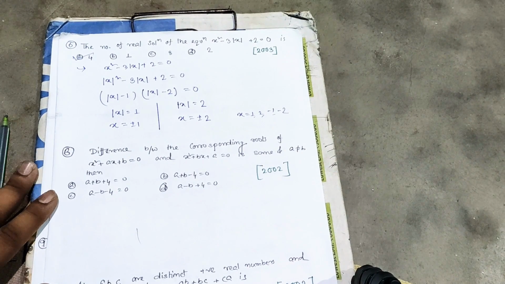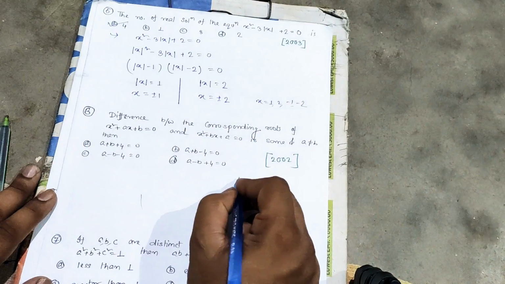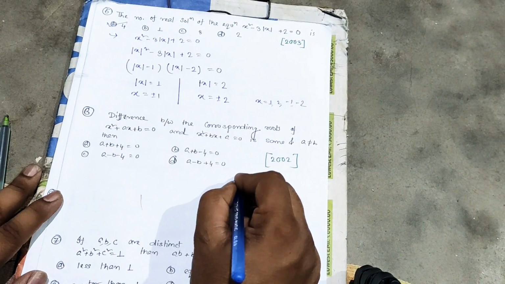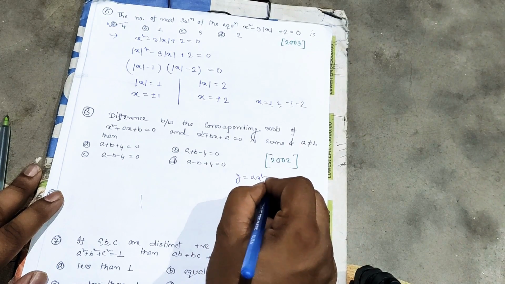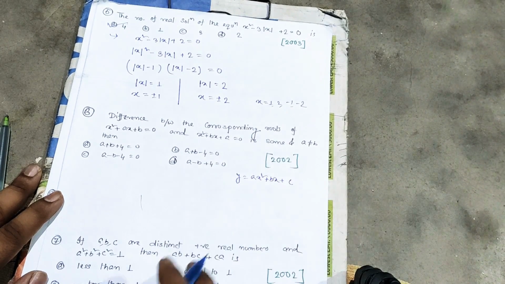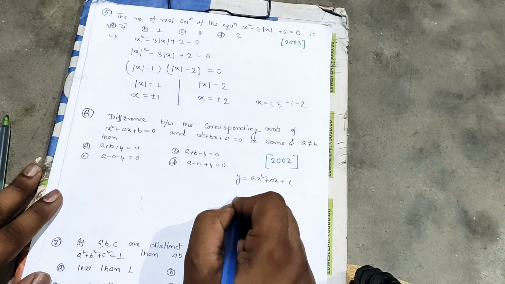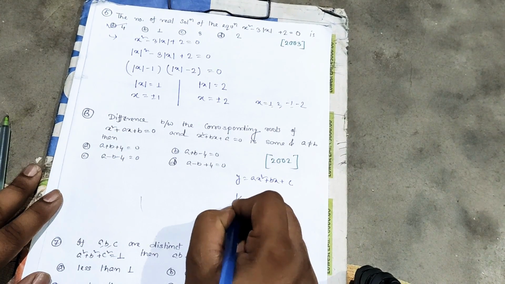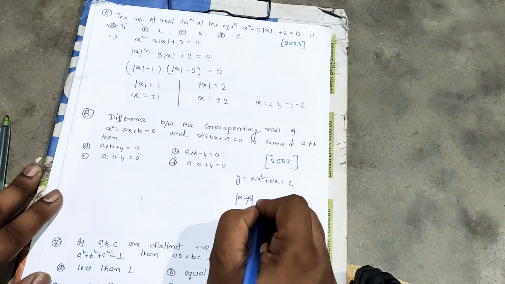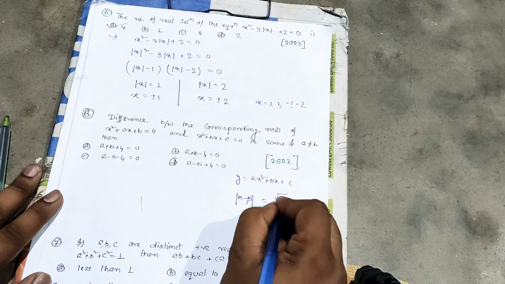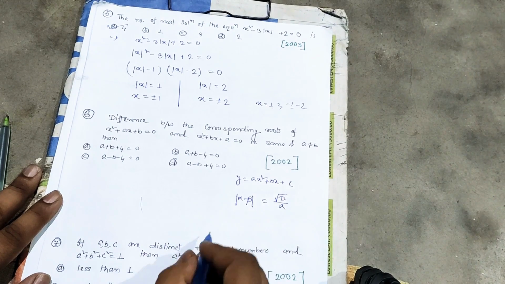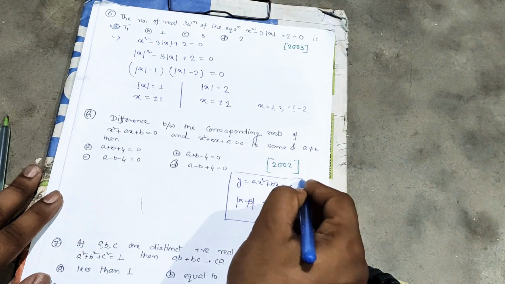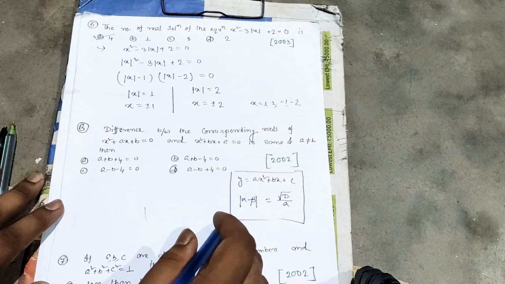Where the difference of the roots is asked, you need to know that for a quadratic equation y equals ax square plus bx plus c, the difference of roots, that means mod of alpha minus beta, can be obtained directly by root D upon a, where D is the discriminant. You can use this short trick here.